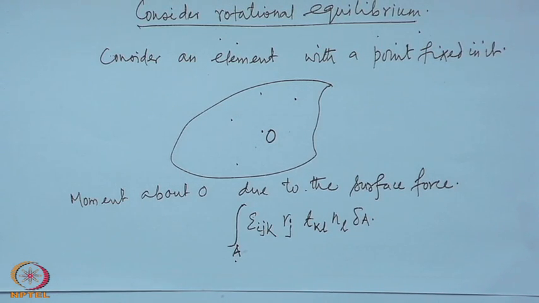Now, before we proceed further, just think about it. The other moments that will be coming are due to volume forces, okay, and the inertia, angular momentum, rate of change of angular momentum, which will be that moment of inertia into angular acceleration, I into alpha.